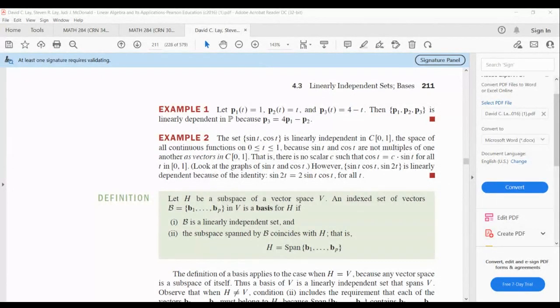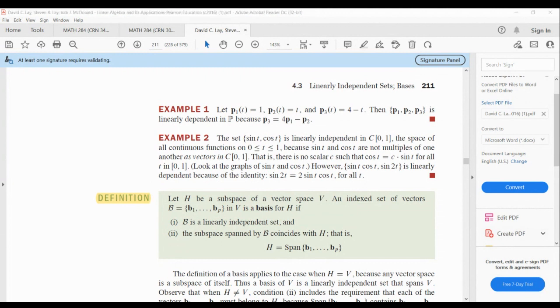Okay, so we are in section 4.3 class, and we talked about 4.3 in our last class about bases. Again, what does it mean to have a basis? What's the definition of a basis for a subspace? Two very important properties.